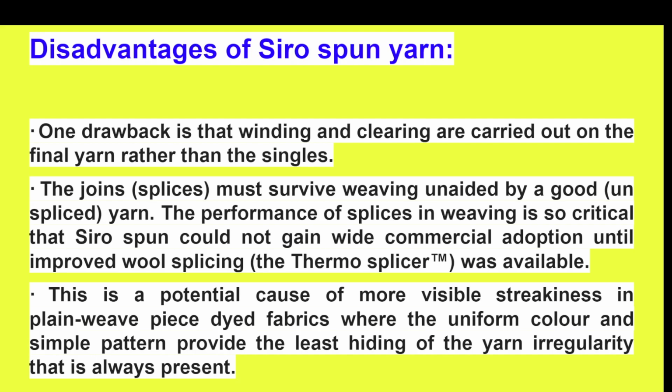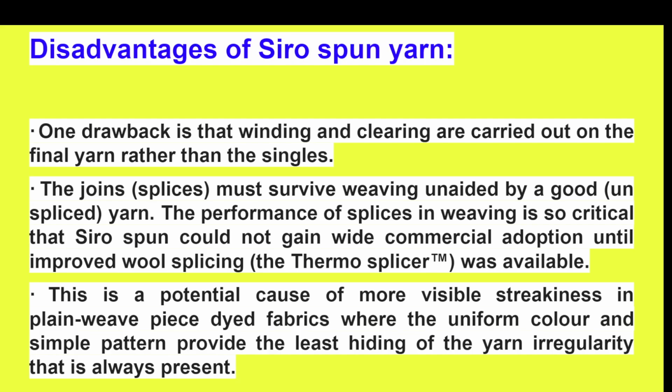After that, the winding of the yarn is carried out on a winding machine, that may be a mechanical winding machine or an autoconer as well, where the yarn faults are cleared during winding at the single yarn stage, but in case of Siro spun yarn, the irregularities or yarn faults are cleared after the final yarn.